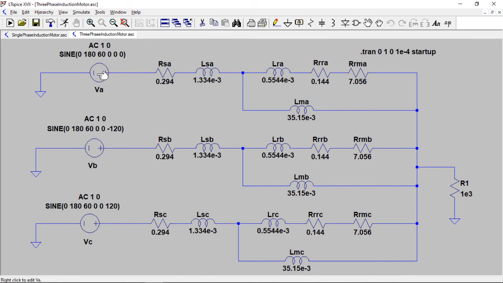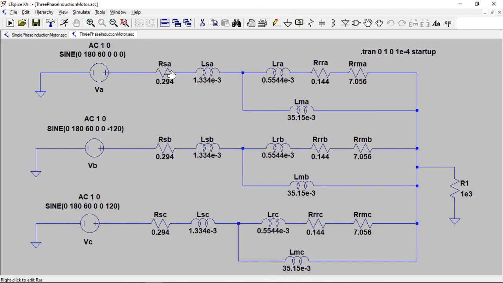So it's 127 volts RMS across here, 220 volts RMS across here, and they're related by the square root of 3. Now this shows up as 180 because the peak voltage will be the square root of 2 times that, which is 180.